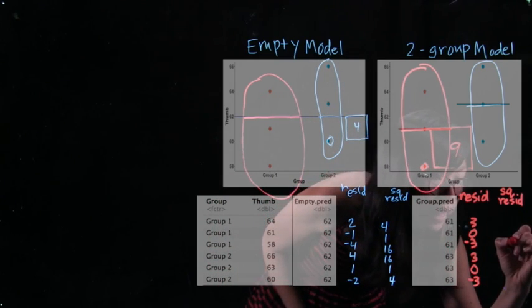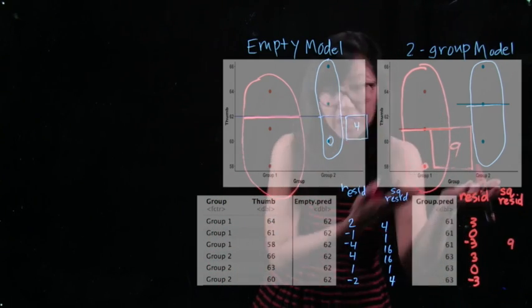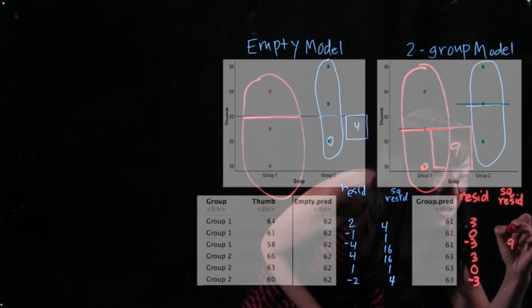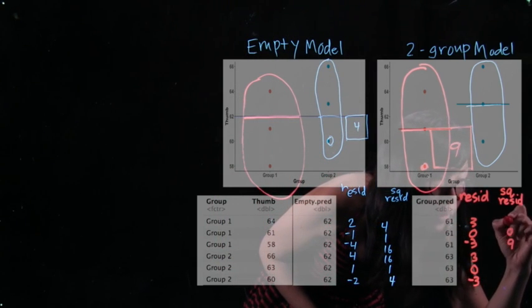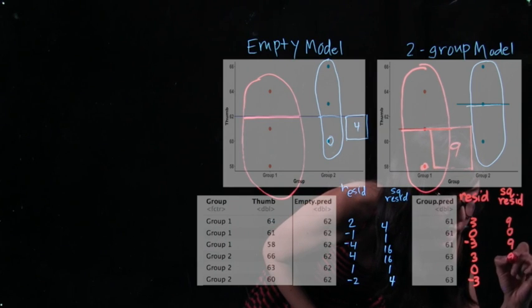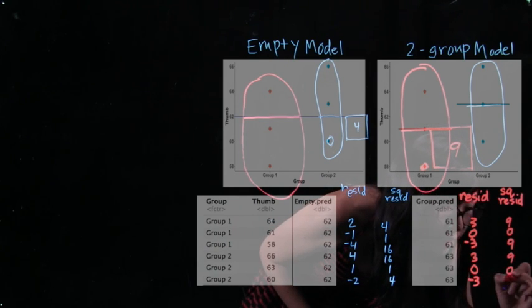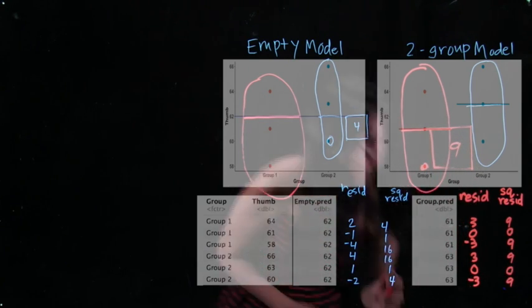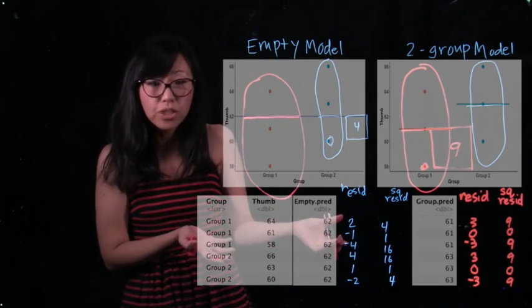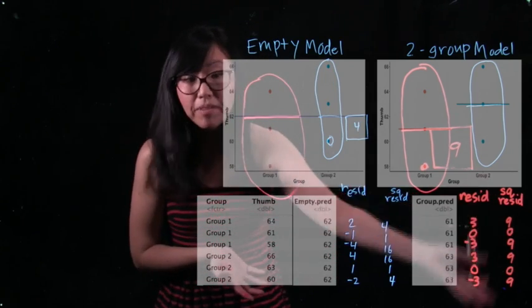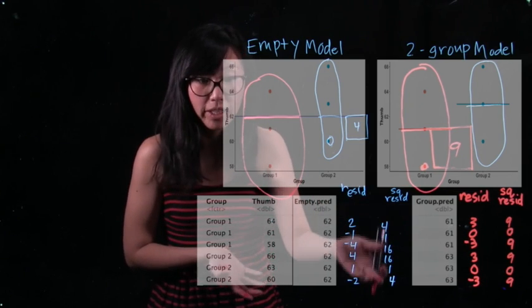And I'm going to do that for all of my data points. So 0 squared is 0, 3 squared is 9, 3 squared is 9, 0 squared is 0, negative 3 squared is 9, right? And even without doing the addition, we could see, oh, the sum of all of these is going to be a lot smaller than the sum of all of these, right?